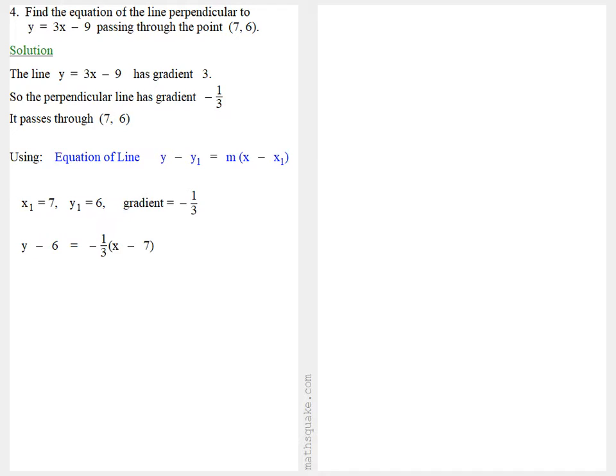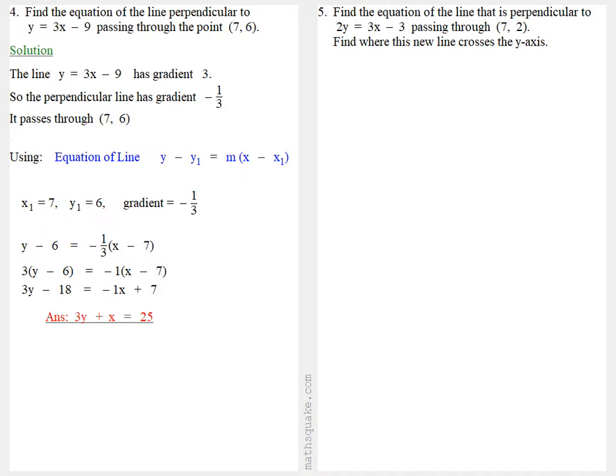If we multiply both sides by 3, we have 3 into (y minus 6) equals minus 1 into (x minus 7). So 3y minus 18 equals minus 1x plus 7. And if we add 18 to both sides, we get the equation is 3y plus x equals 25.